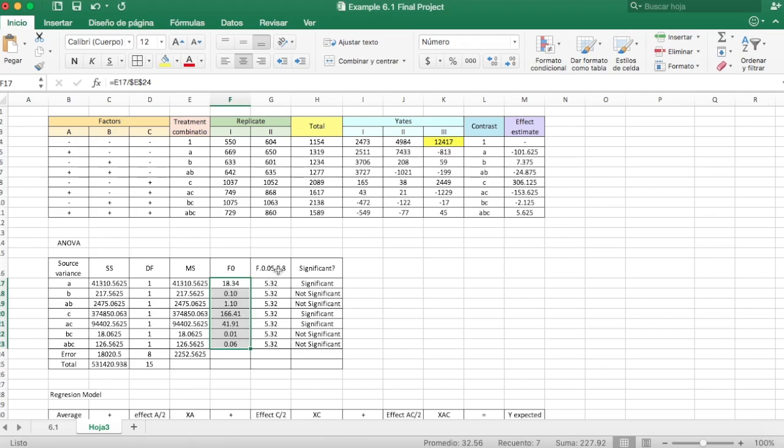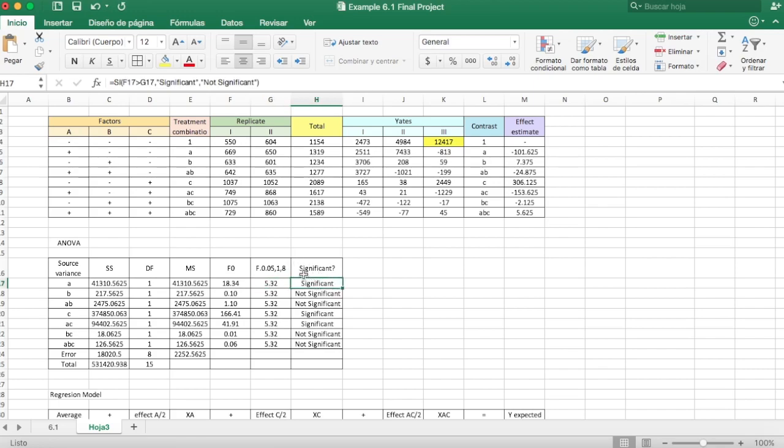And we're going to compare these values with the F value that we get with a probability of 0.005, 1 degree of freedom, and 8 degrees of freedom. The 1 degree of freedom is the degree of freedom of the factor, and the 8 comes from the degrees of freedom of the error.